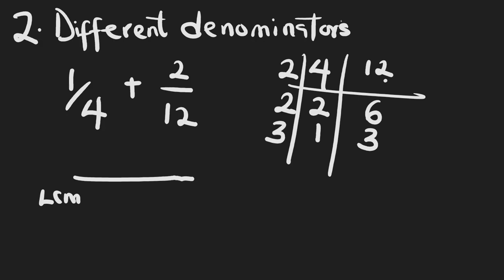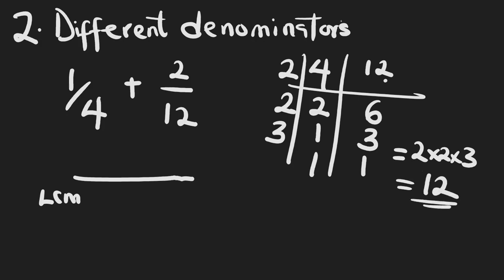So 3 divided by 1, write the 1 down. 3 divided by 3 is 1. So what is our LCM? Our LCM here is 2 times 2 times 3, which is what? 2 times 2 is 4, and 4 times 3 is 12. So that's our LCM. So we'll come back here and write 12.